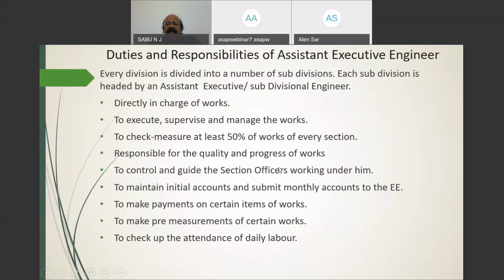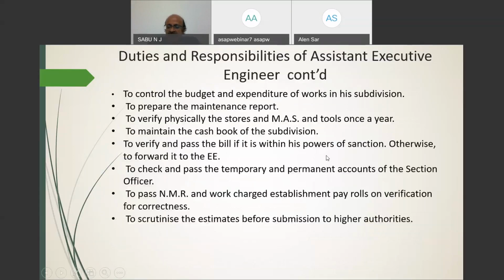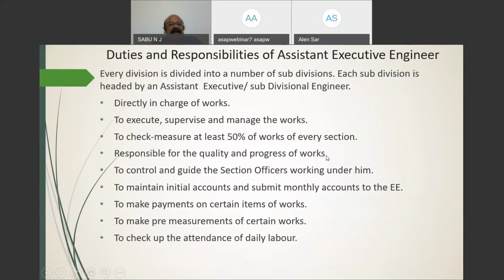The next officer is the assistant executive engineer. Subdivisional officers are established mainly for assisting the executive engineer. For convenience, each subdivision is headed by one subdivisional engineer or assistant executive engineer.